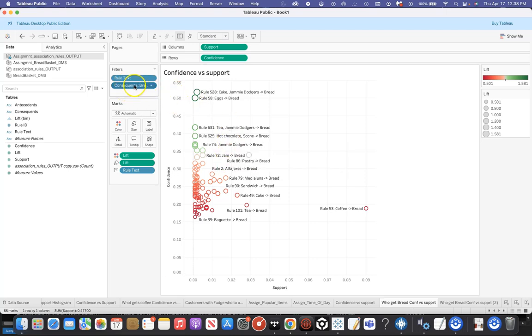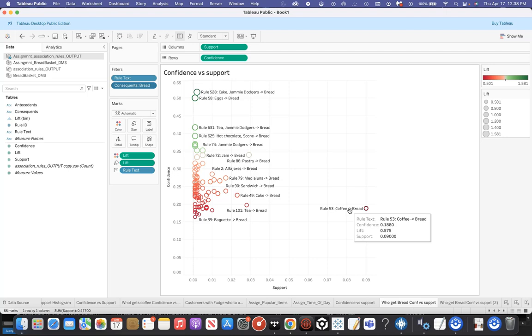The consequence is what you can offer customers if they already have something in the cart, which is bread. I did selection by bread, and now something you saw earlier that had good confidence and support has a lift below 1.